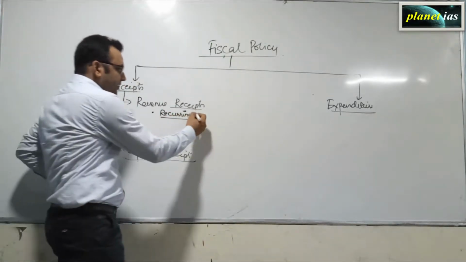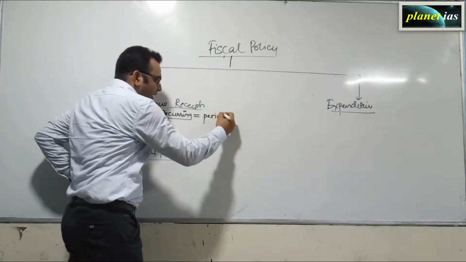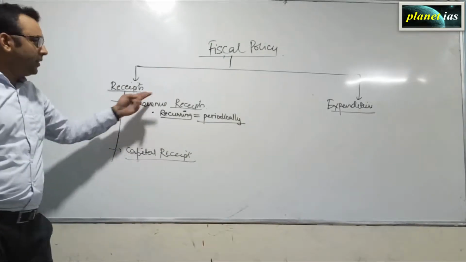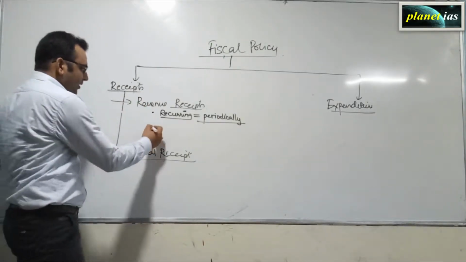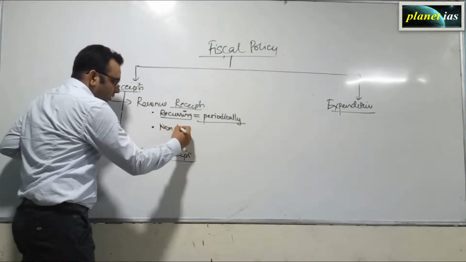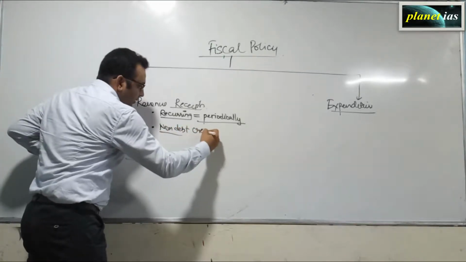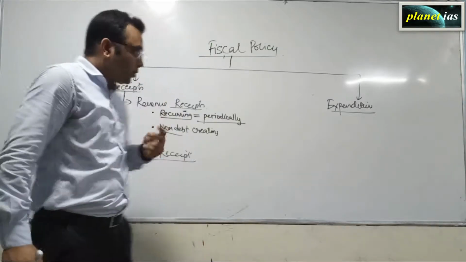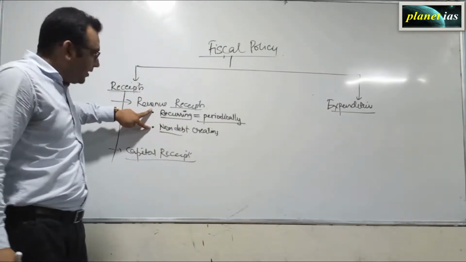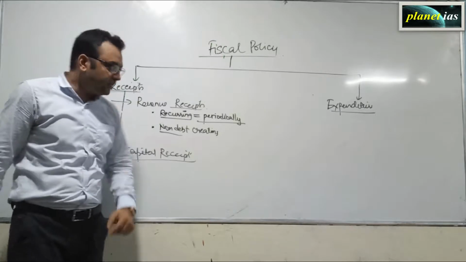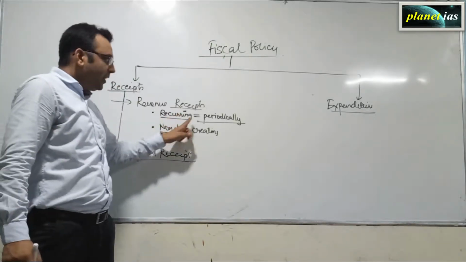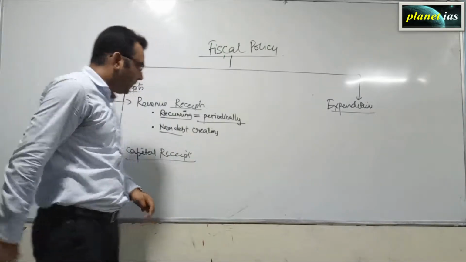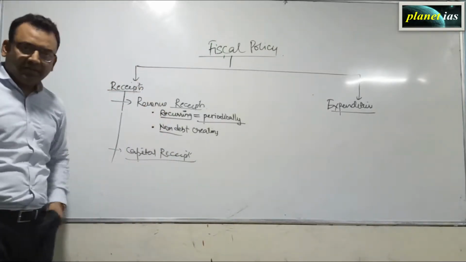This means that the receipts which are periodic or occur to the government periodically. One condition. The other condition is those receipts do not create any financial burden on the government. So when the two conditions meet, the receipts are called revenue receipts. One, the receipts should be recurring, periodic, and the second, they should not create any debt on the government. They are called the revenue receipts.